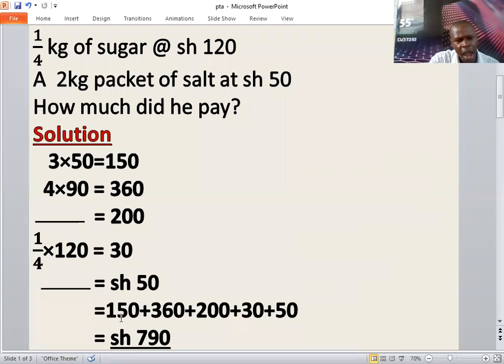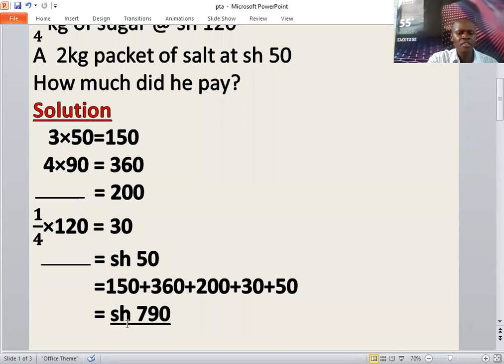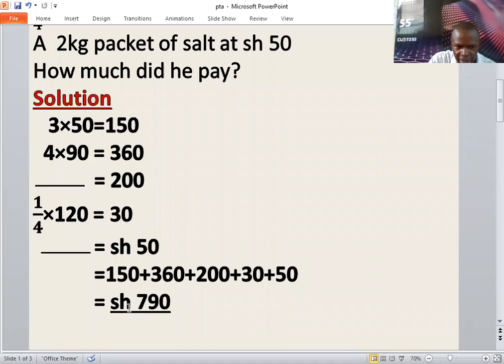That means 150 plus 360 plus 200 plus 50 plus 30, and finally the total amount will be 790 shillings. After that, you underline your answer.